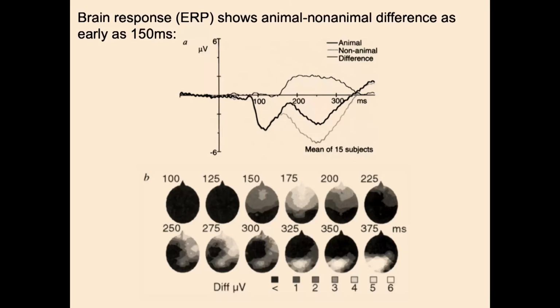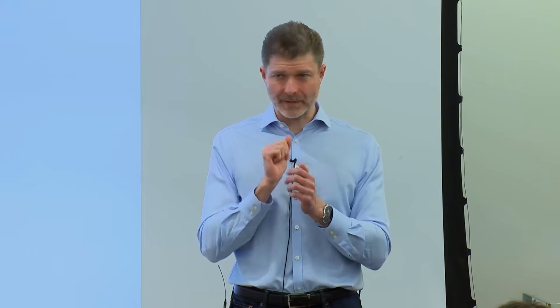So it's kind of like a spike-triggered average, except it's a stimulus-triggered average, where you're averaging separately depending on whether it's an animal or a non-animal. Okay? So you get one average brain response for all of the animal images and one average brain response for all the non-animal images. Okay?